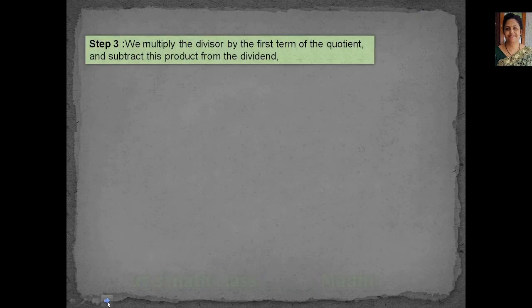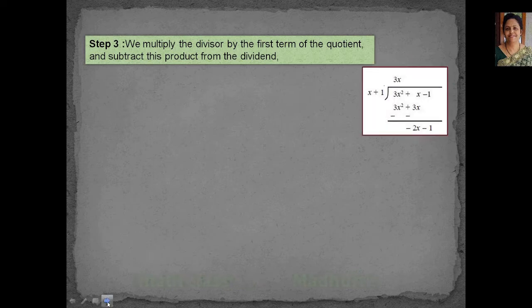Step 3. We multiply the divisor by the first term of the quotient and subtract the product from the dividend. So here the first term of the quotient is 3x and the divisor is x plus 1. We will multiply 3x into x plus 1.